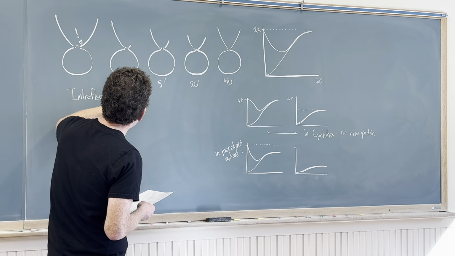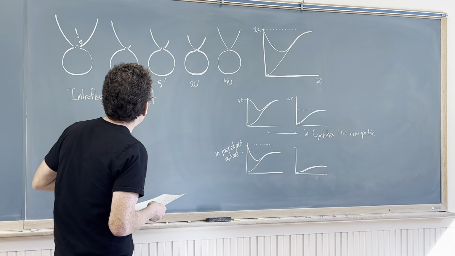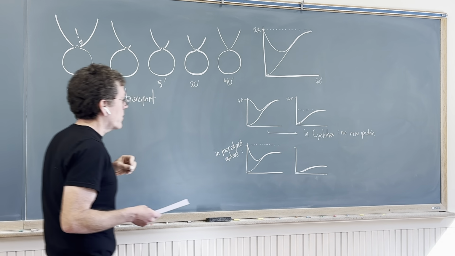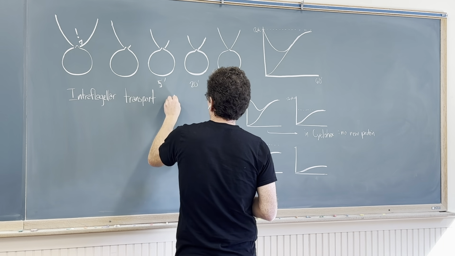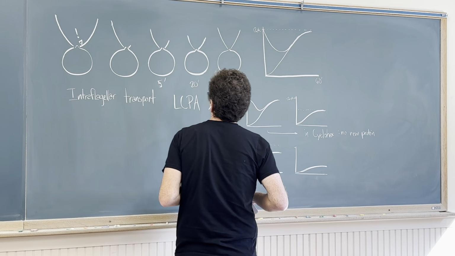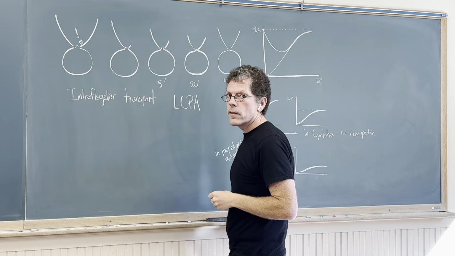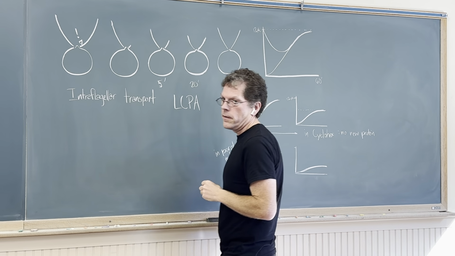Like many of my favorite discoveries in biology, this one was made through what a friend of mine likes to call LCPA analysis. This stands for look closely and pay attention.